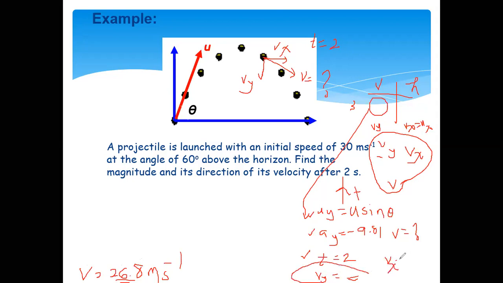Your Vx is the same as Ux, in this case 30 cos 60, right? So Vy, Vx. Then you do Pythagoras, V squared equals Vy squared plus Vx squared. Then you can find the V already. So I believe everyone got 26.8.